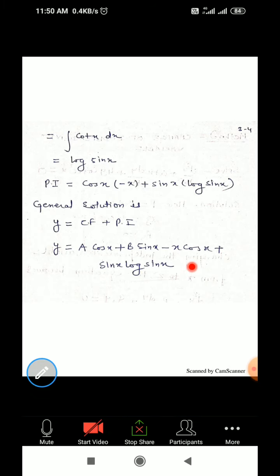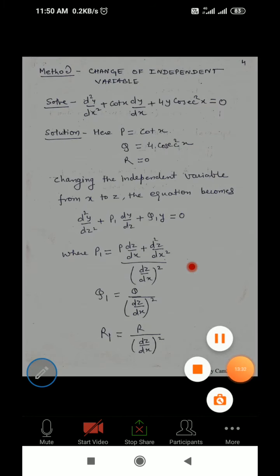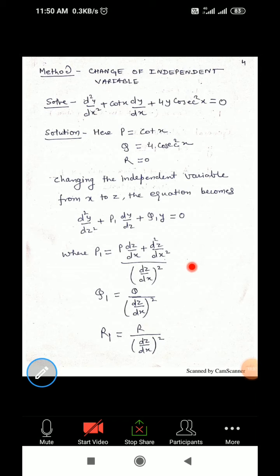Now we are going to discuss the next method, which is change of independent variable. The problem is d2y by dx square plus cot x dy by dx plus 4 cosec square x y equal to 0.